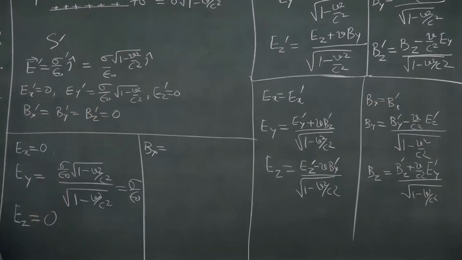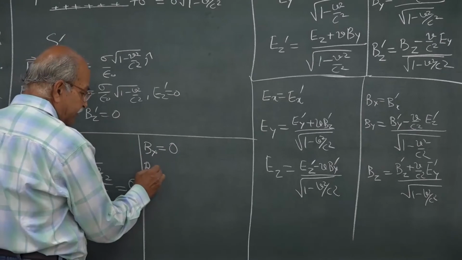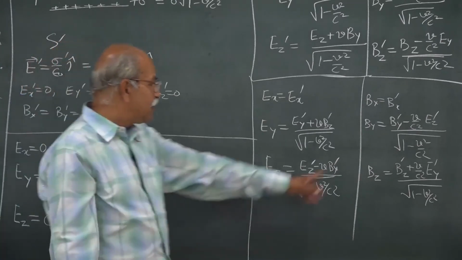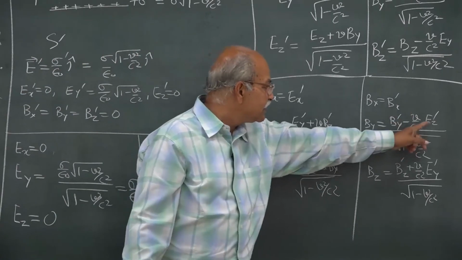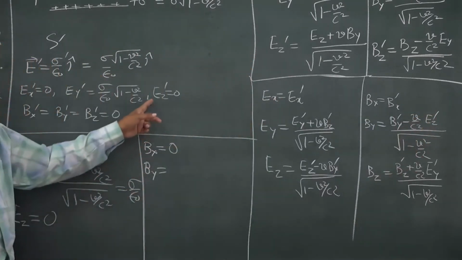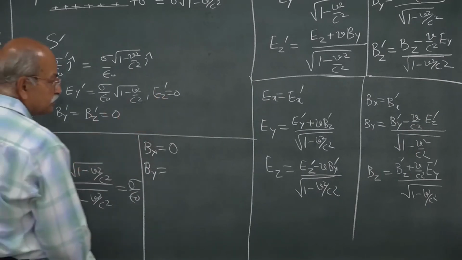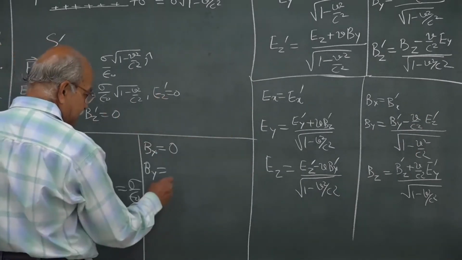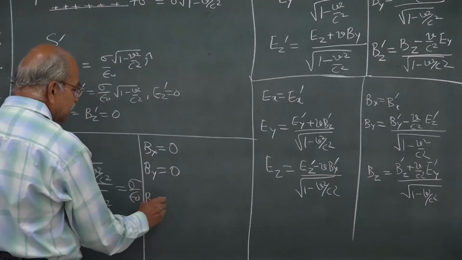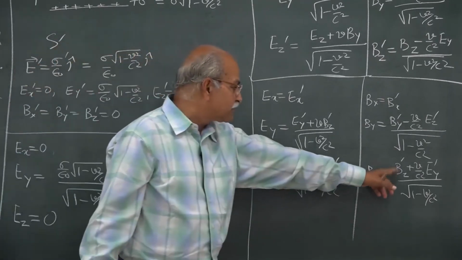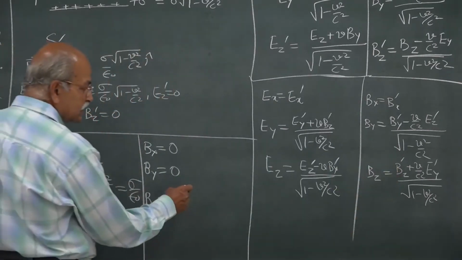So Bx is also 0. What is By? By prime, that is 0, minus v by c square Ez prime. Ez prime is also 0. So this By is 0. Bz. Bz is equal to Bz prime, which is 0.